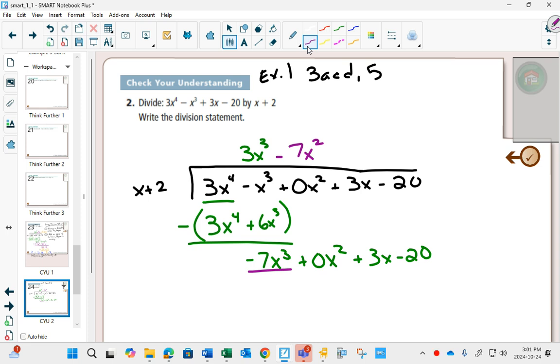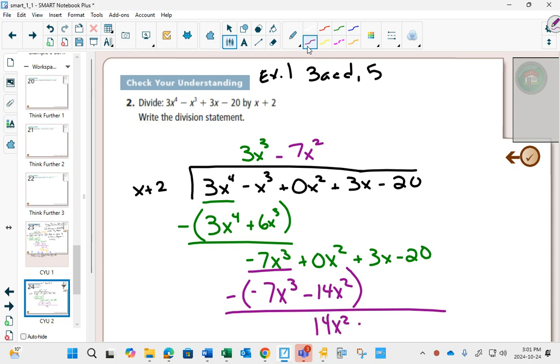And also it's nice that we added the 0 because when I multiply now, I will get my negative 7x cubed, but I'll get negative 7x squared times a 2, which is negative 14x squared. That 0 is important because when you subtract, now your like terms still line up. And 0 minus a negative 14 will give you positive 14x squared plus 3x minus 20.